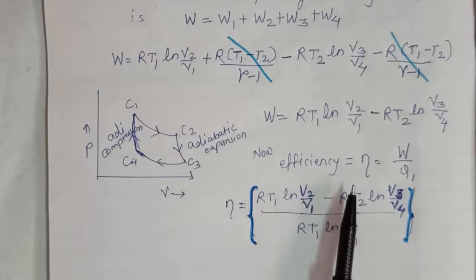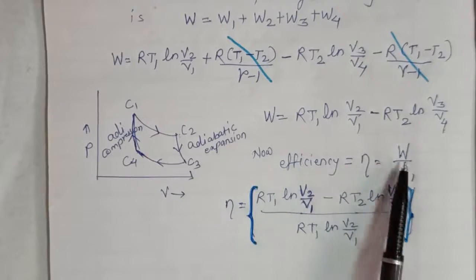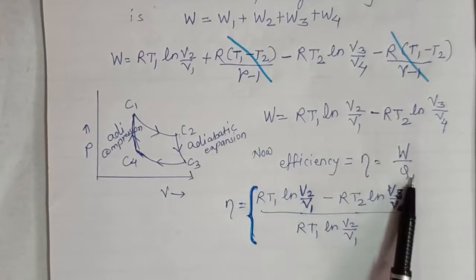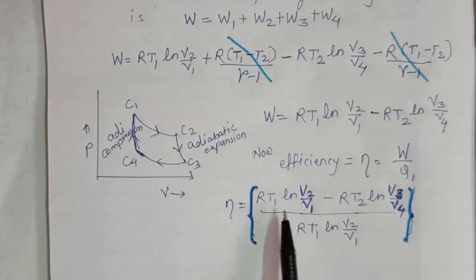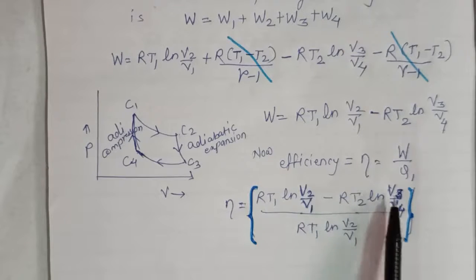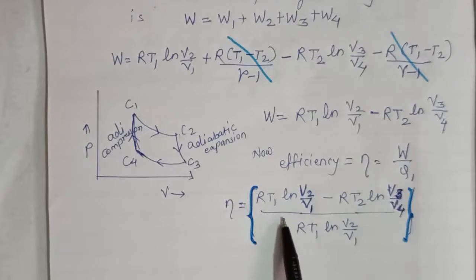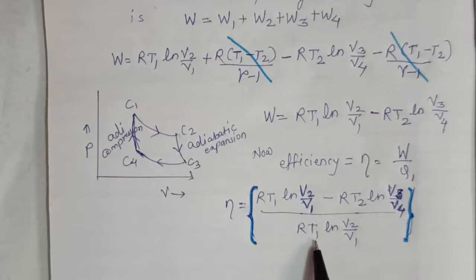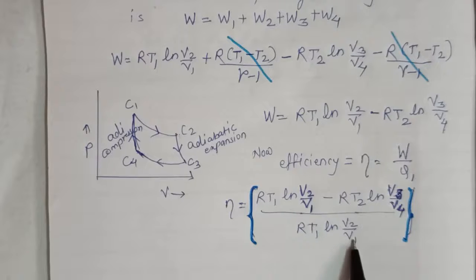Efficiency eta is equal to W upon Q1, that is equal to RT1 log of V2 upon V1 minus RT2 log of V3 upon V4 divided by the value of Q1, which is RT1 log of V2 upon V1.